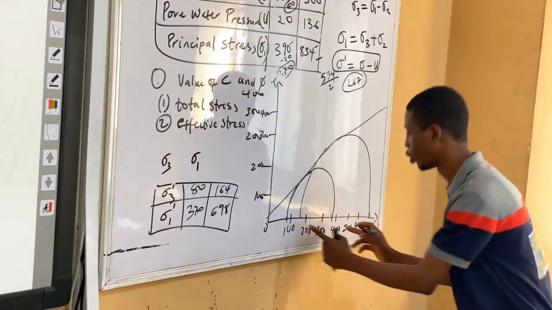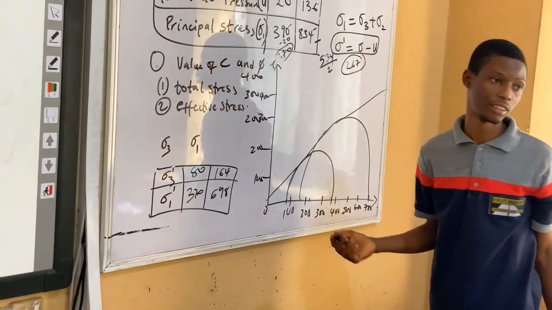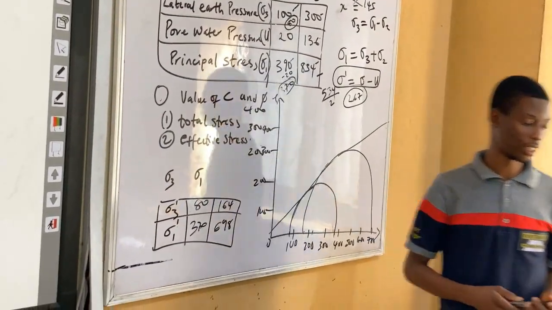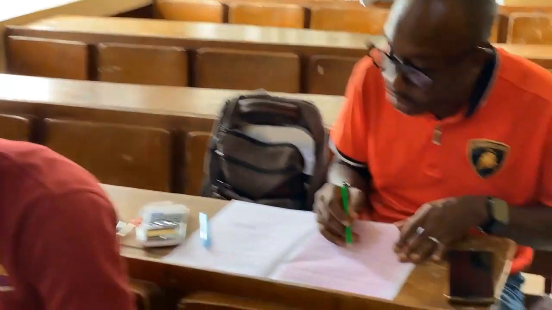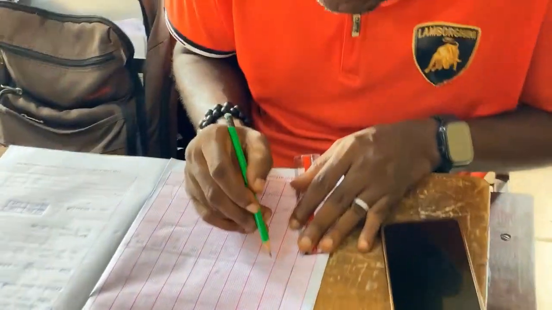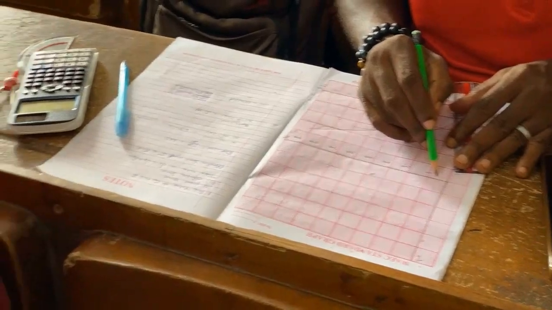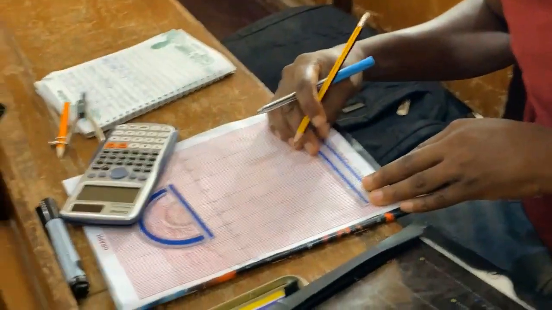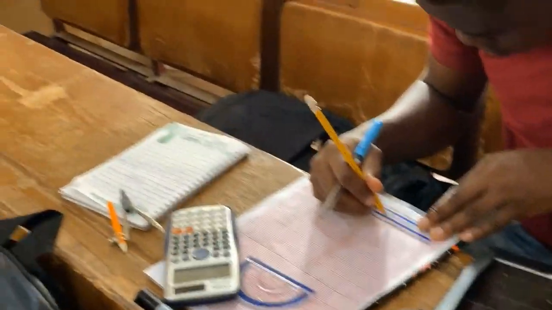When you mark both of them, just measure the distance between them and try to locate the center. 10, 20, 30, 40, 50, 60, 70, 80.